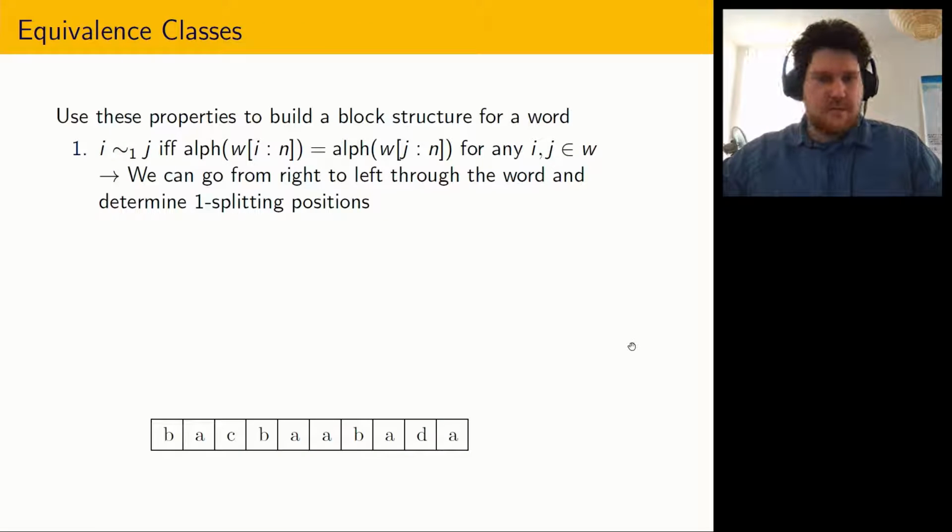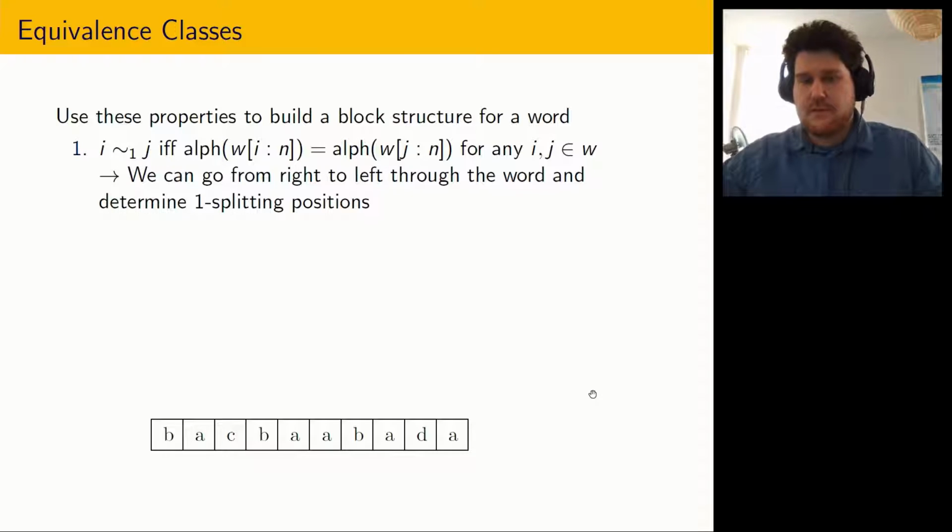Now I will show you how we can find the splitting positions. Of course, we'll start with the one splitting positions, and these are rather easy to find because subsequences of length 1 are basically letters, and we only have to check at each position if we have seen this letter before or if we haven't. So let's take an example word, bearbeiter.